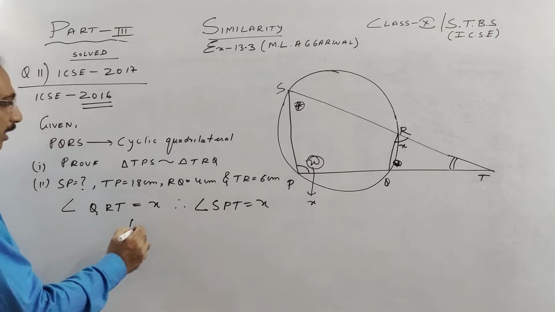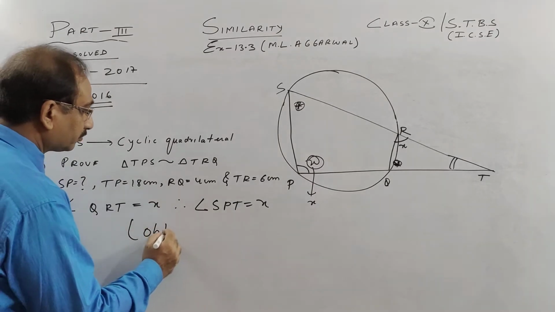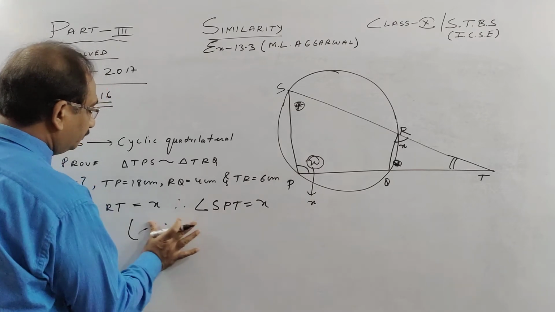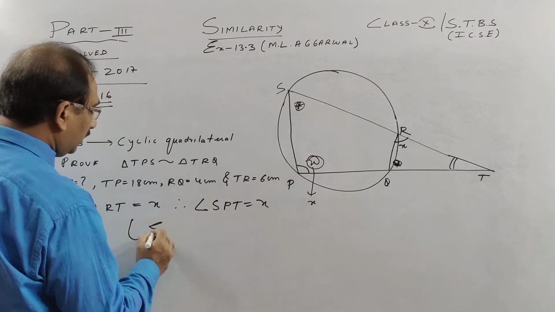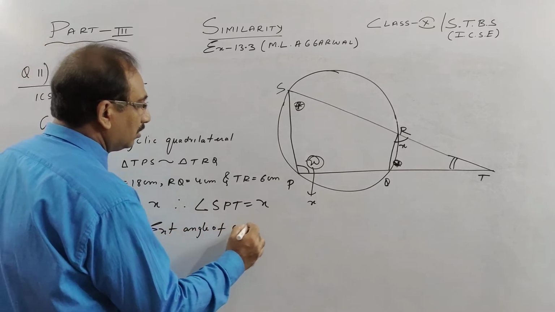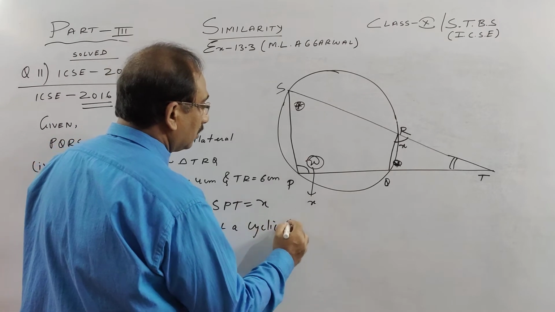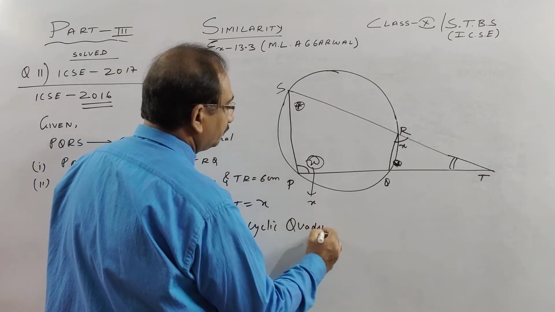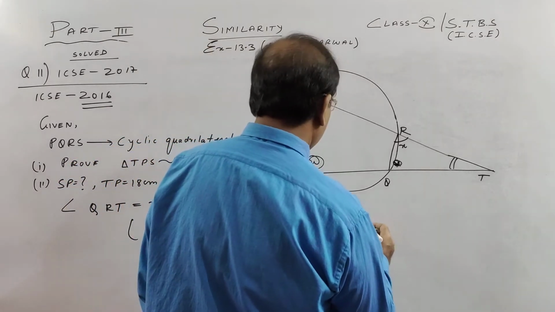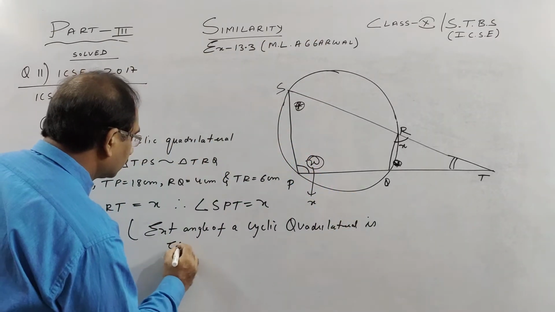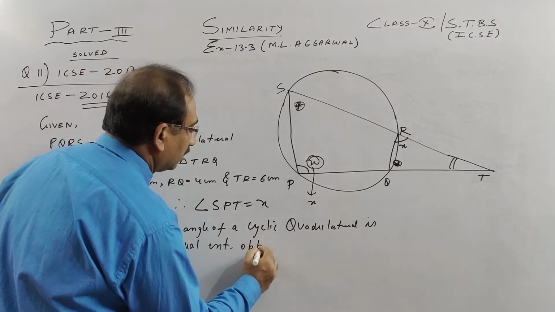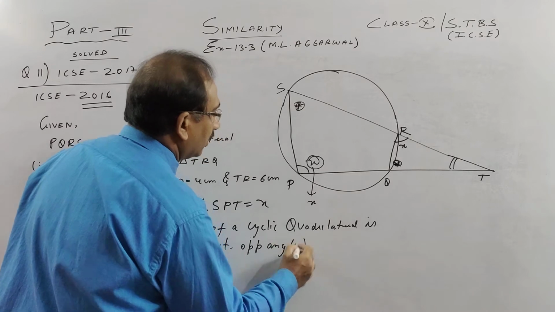So this is what we write: exterior angle of a cyclic quadrilateral is equal to the interior opposite angle. So 1 mark you will get for this.